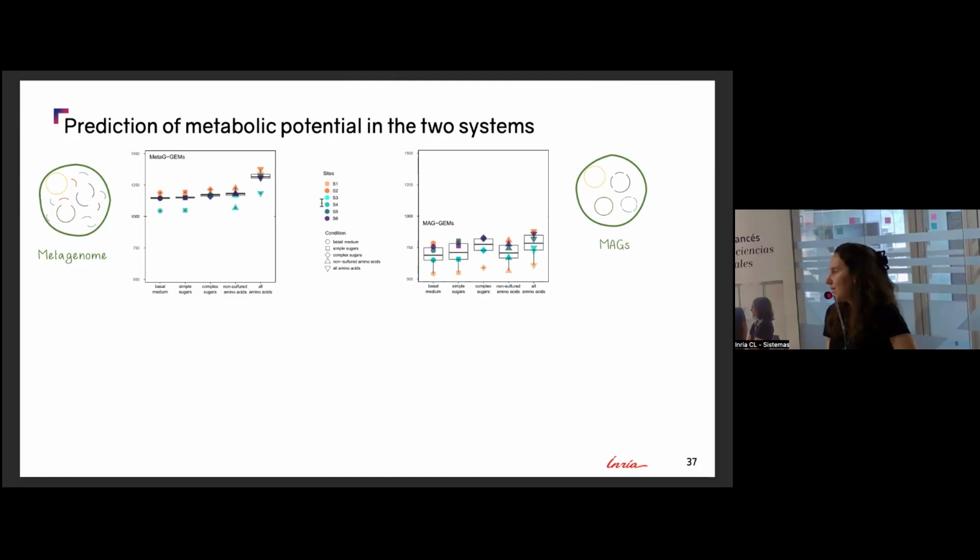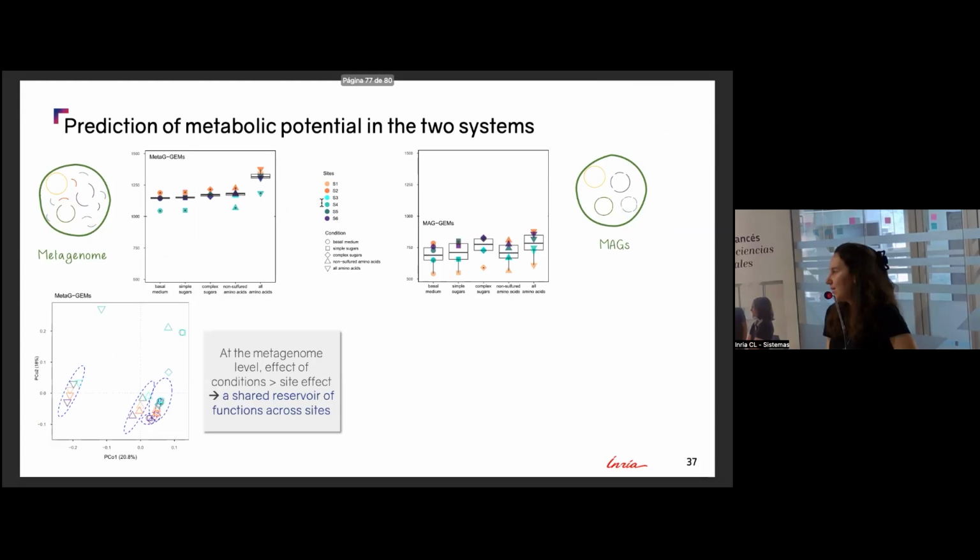So the first observation that we get, and that is expected, is that much more molecules are expected to be reached in the metagenome compared to the MAGs, which means that we lose a lot of information when we consider only the genomes. So we also see differences among simulated conditions. There are some that have a lot of compounds and are able to reach many more compounds, to have a larger metabolic potential.